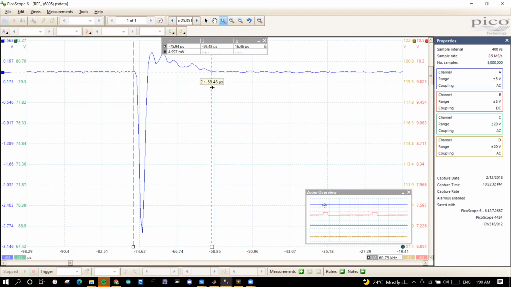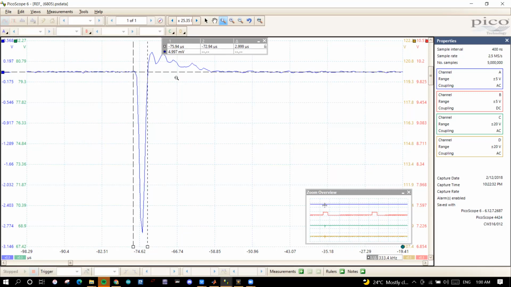Okay, so the next characteristic that I would like to see is the rise time. The rise time that I pick here is 0 to 100 percent of the maximum level. So the time taken, the difference between these two lines, is 1.883 microsecond. Okay, the third one is the zero crossing time.